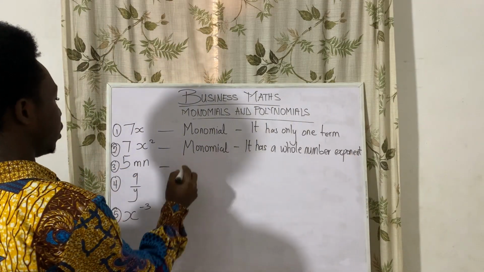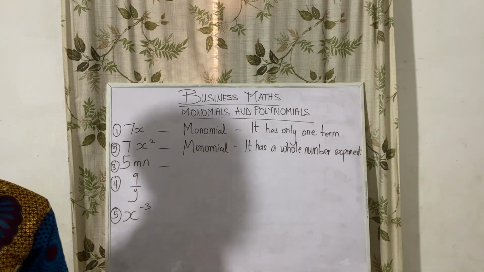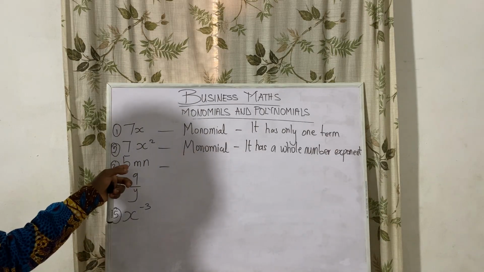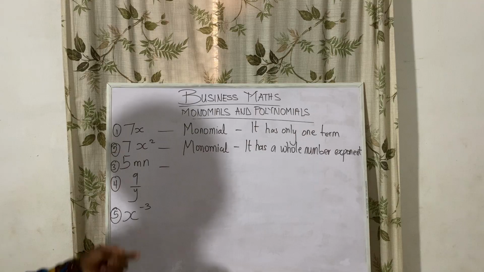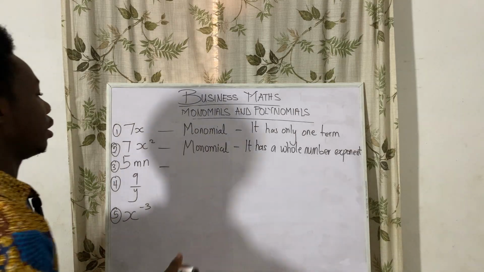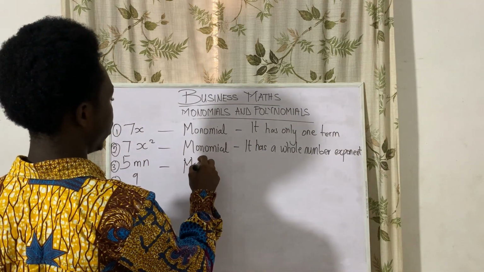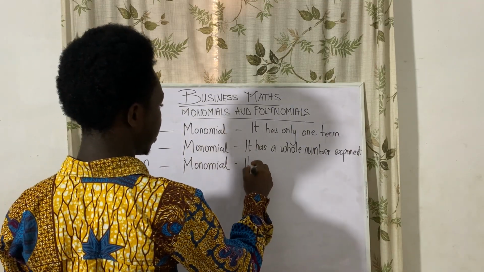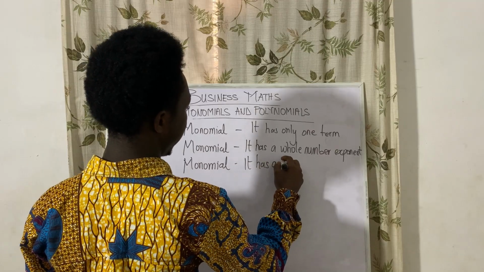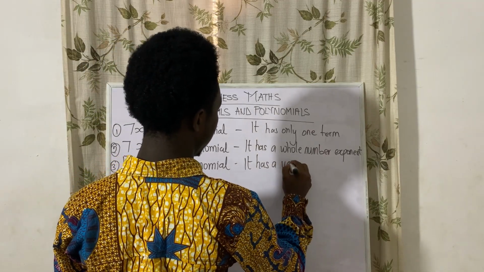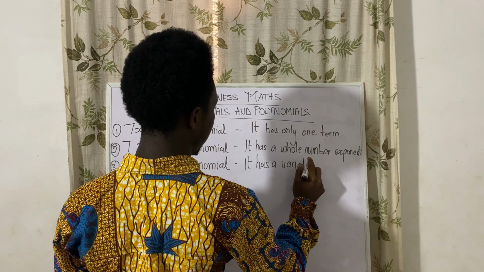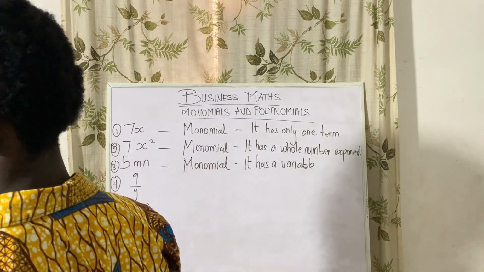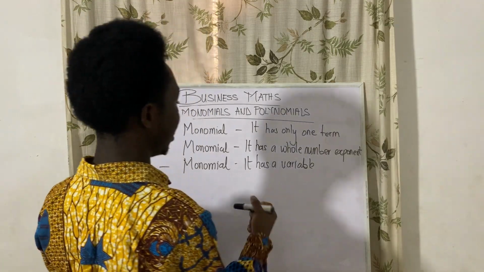Now, what of 5mn? Is it a monomial or not? This is a monomial, because it has a variable, or a product of variables.